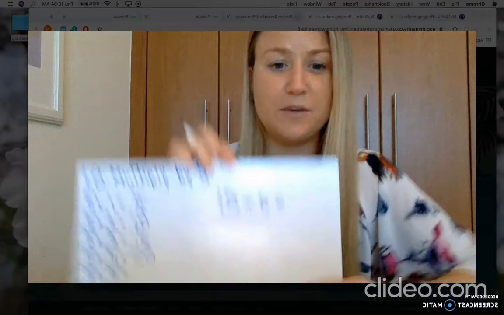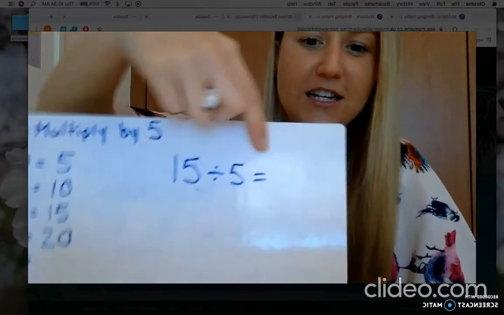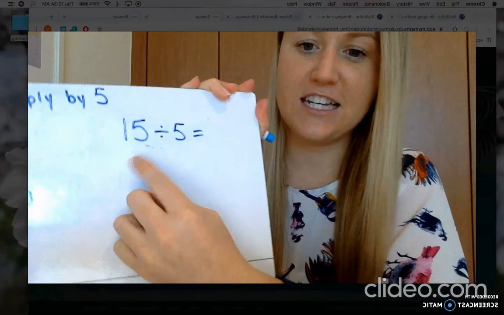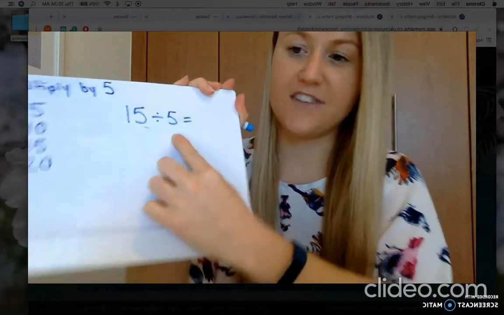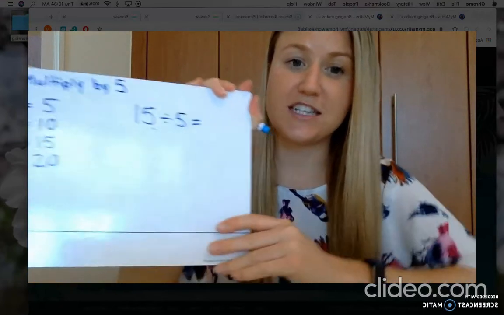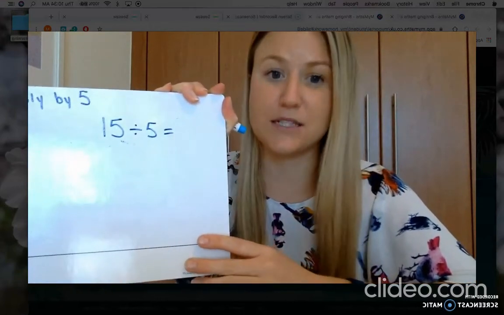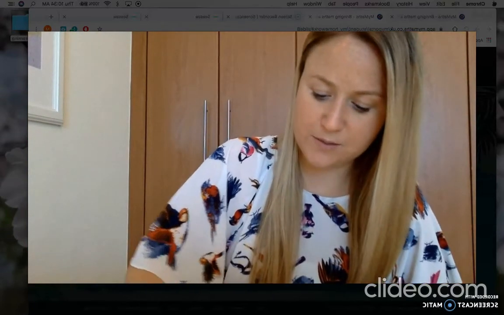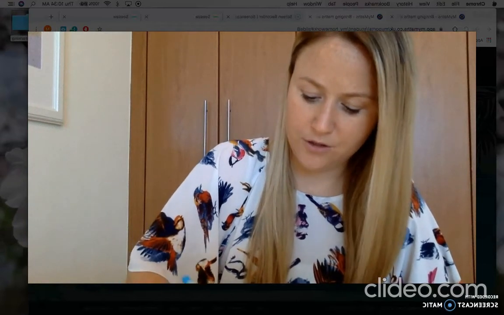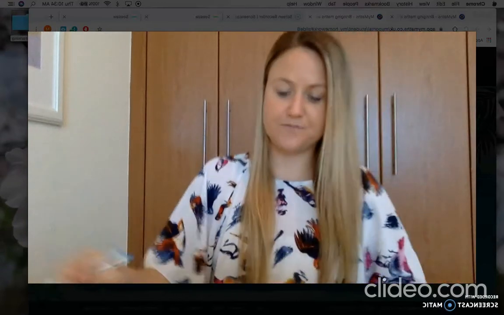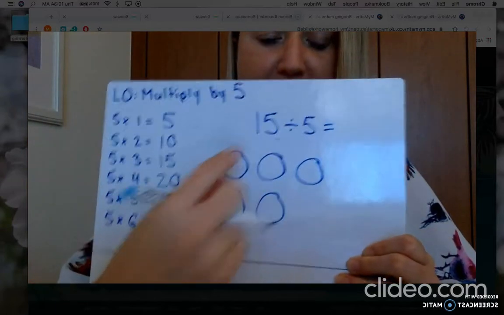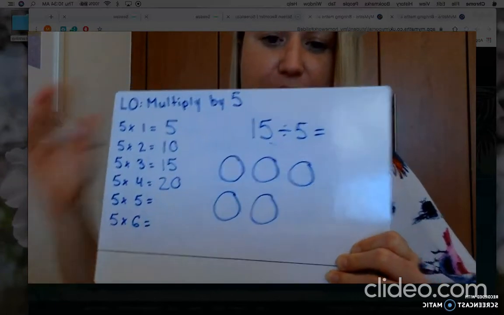Okay, again today you will be faced with some of these tricky equations. So this equation says 15 divided by 5. So for the division equations, if you want to draw pictures, you absolutely can. So for 15 divided by 5, I'm going to create 5 groups. 1, 2, 3, 4, 5. So I've created 5 groups, and I'm going to split the number 15 evenly into those groups.